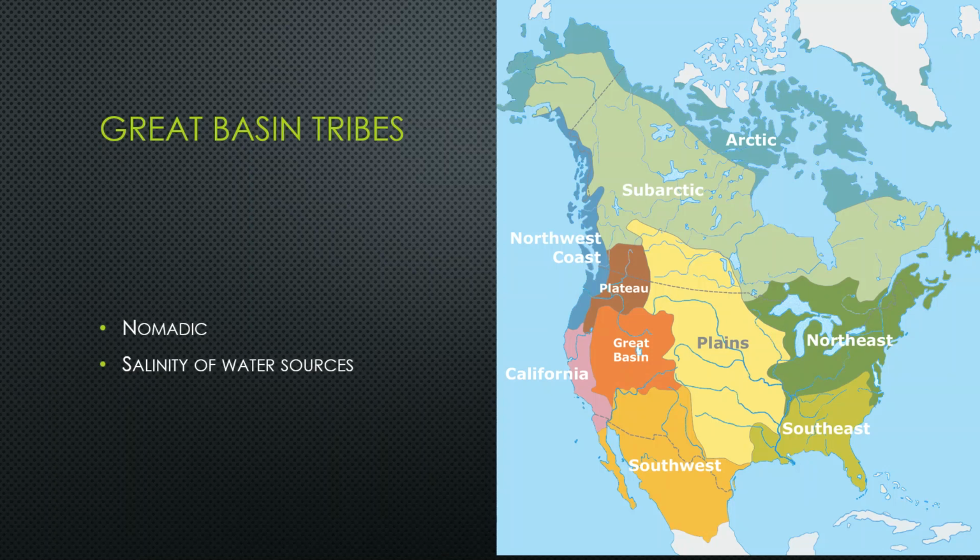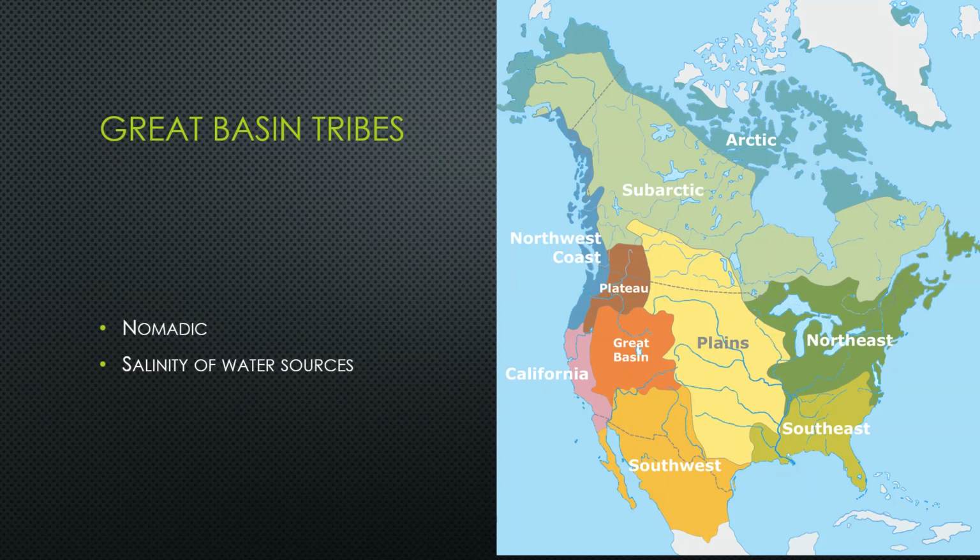So if you think about the Great Basin, and if you ever take my physical geography class, you'll learn a lot about this. Basically, there is no outlet for the water that flows into the Great Basin, so it gets saltier and saltier and saltier over time. So if you think about places that we have in the Great Basin, like the Great Salt Lake, or salt flats that are lake beds that have dried up, playas, even though you have somewhat larger bodies of water there, they don't support the type of large fish populations.